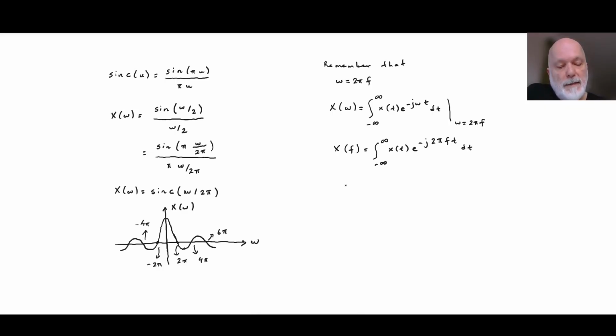So if we go back to our sinc function, or rather, if we go back to sinc of omega over 2 pi and substitute omega equal to 2 pi f, we have X of f given as sinc of f.